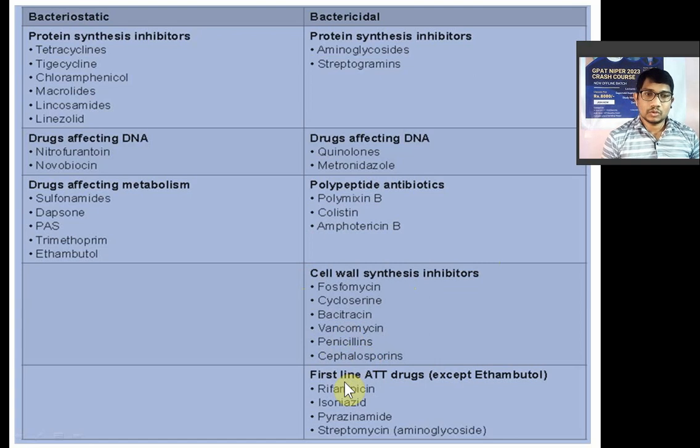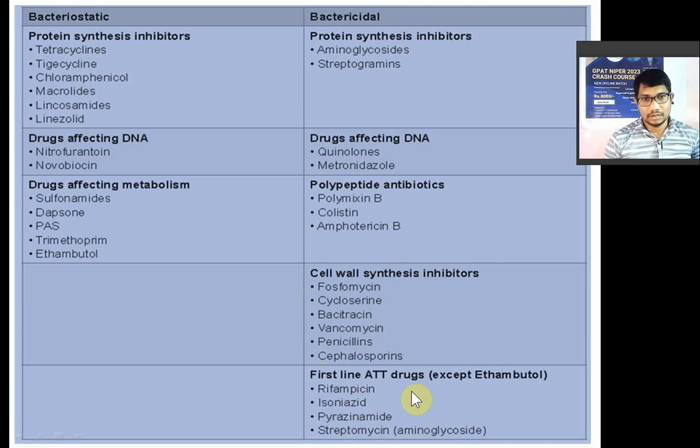First line agents for tuberculosis, the first line anti-tubercular drugs except ethambutol: rifampin, isoniazid, pyrazinamide, streptomycin. Isoniazid has an adverse effect: it can cause peripheral neuropathy, which is treated by vitamin B6.